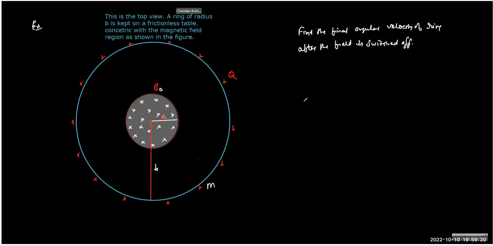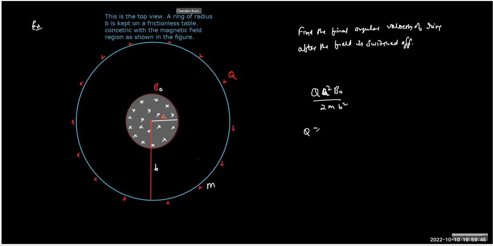Maybe we can change that R to B. Q B square B naught by 2 M A square. One second, sir. A square. So maybe it's Q A square B naught by 2 M B square.